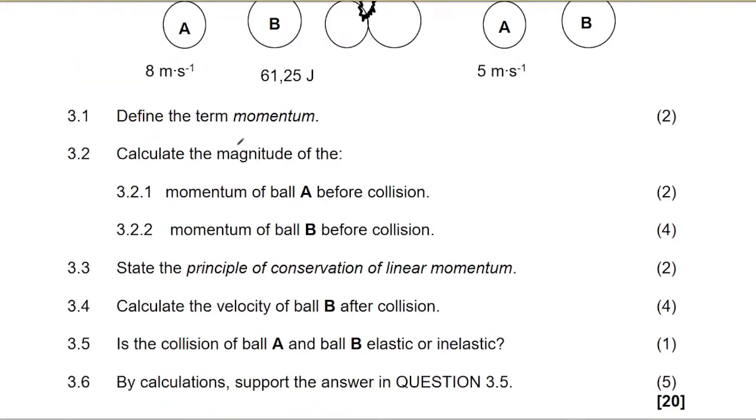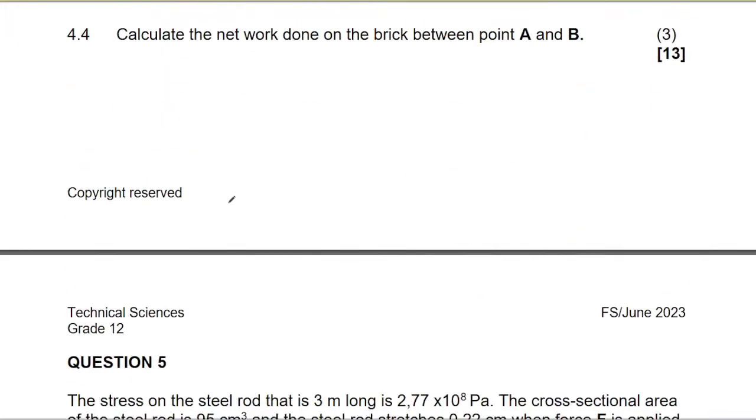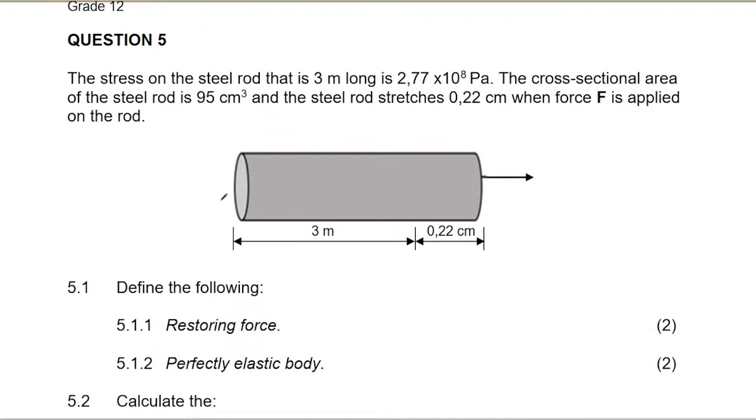And then question 5, what happened in question 5? You must remember the question moves between the examiner, the moderator, and the quality assurer, but for that, we managed to miss out.